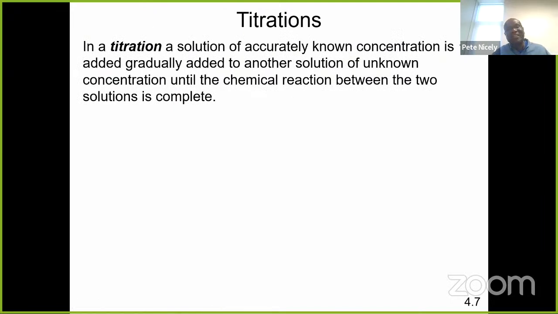Now, this is something that you may or may not have done before in your General Chemistry 1 class, but basically what titration is all about, it's a type of what we call volumetric analysis, where you basically use a solution of known concentration to determine the concentration of another solution based on the reactions between the solutes in those two solutions, right?